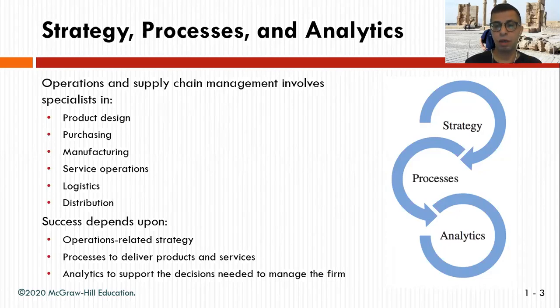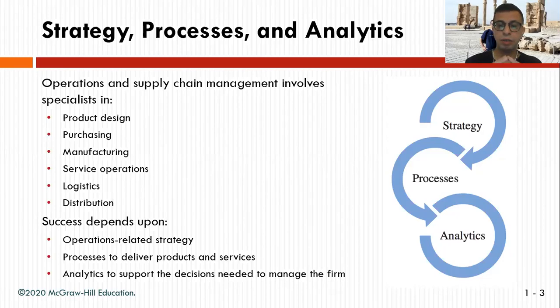So everything apart from probably accounting, sales, and marketing, the rest is part of supply chain management and operation. And their success depends upon the orientation related to strategy, process and delivery, product and service, and analysis to support the decisions needed to manage the firm.